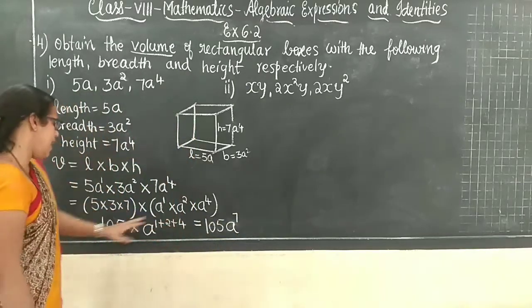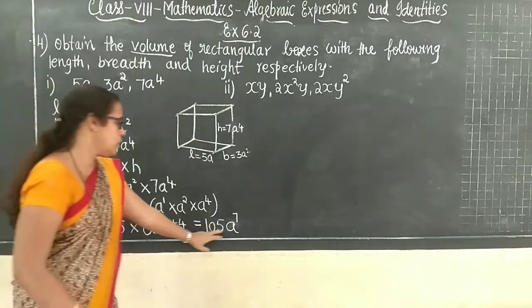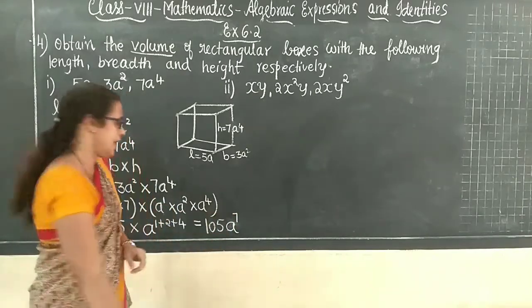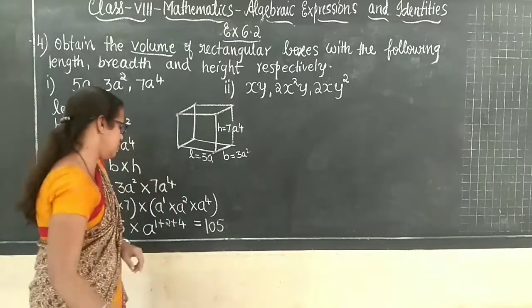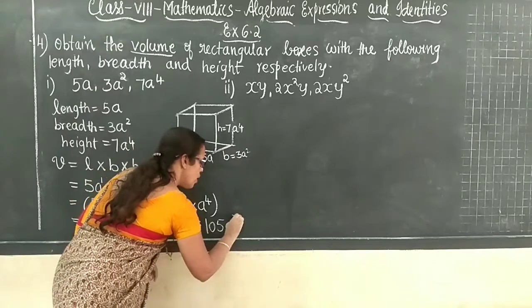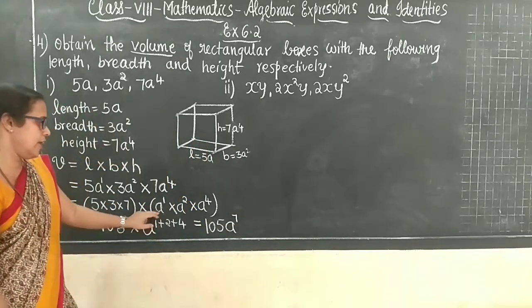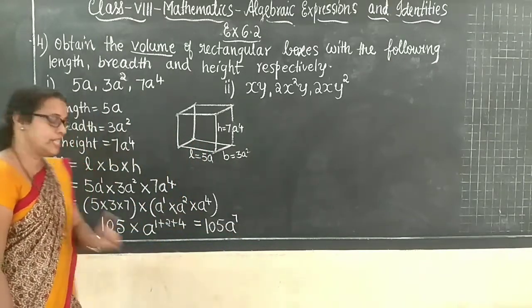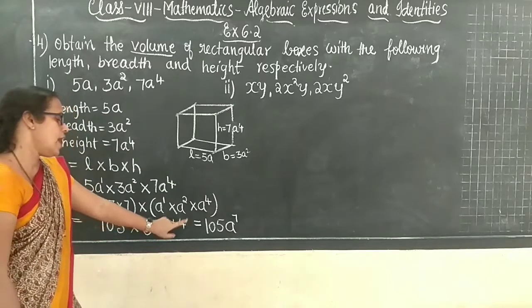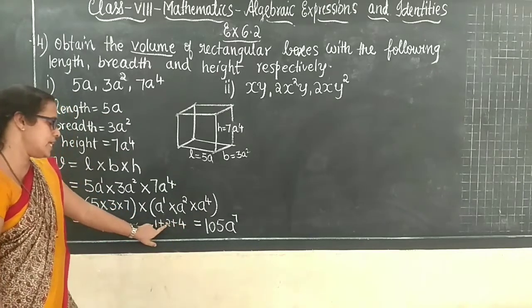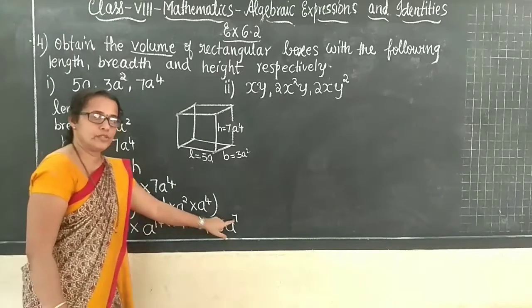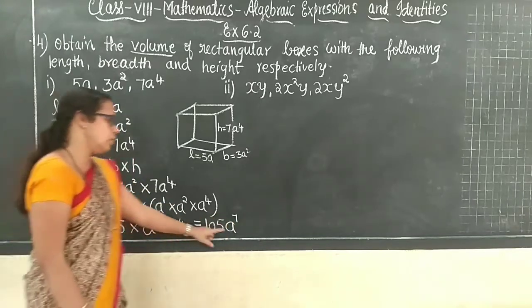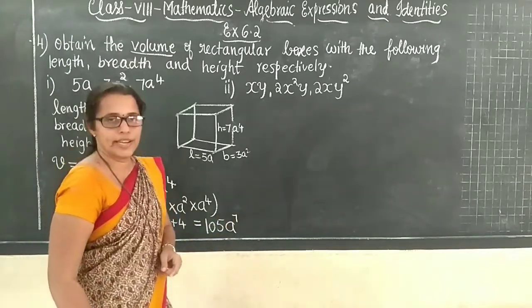So 105 into a to the power 7 is the final answer. Okay children, hope you all understood. When the bases are same, powers you have to add. 4 plus 2 is 6, 6 plus 1 is 7. So 105 a to the power 7 is the final answer.